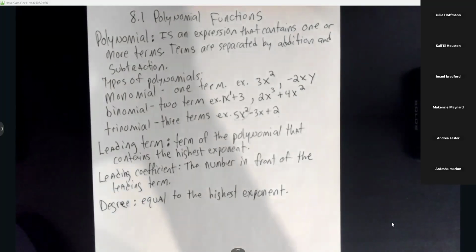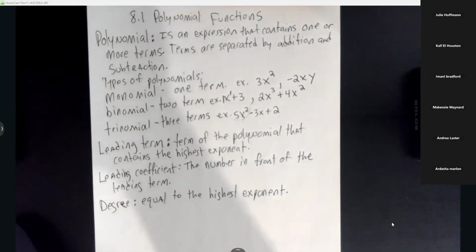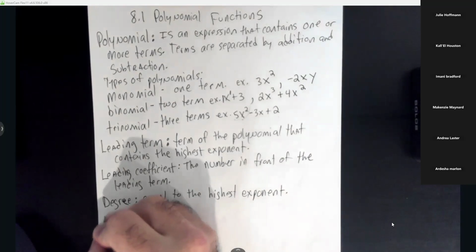So what we're going to look at first in here is what we call the end behavior of a graph.